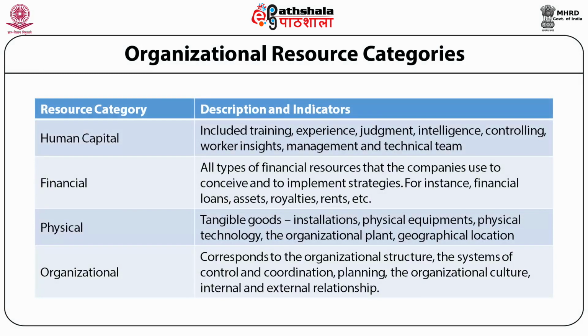So let us describe these resource categories and see that what all it can possibly include. For example, human capital. Human capital can include the training, experience, judgment, intelligence, worker insights, management and technical team.